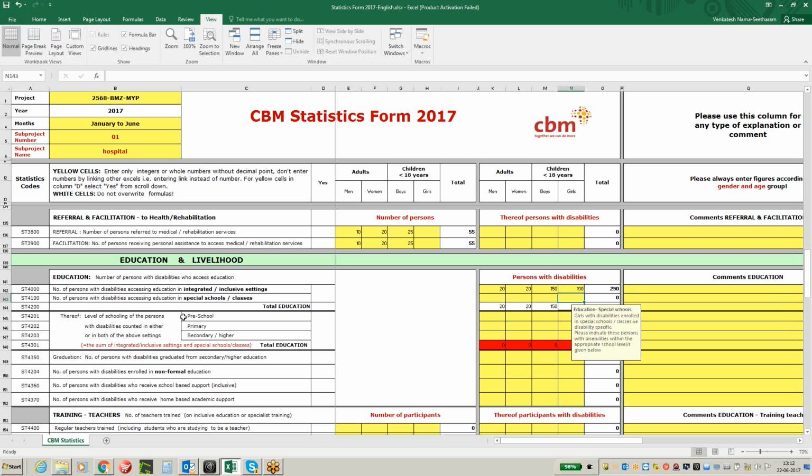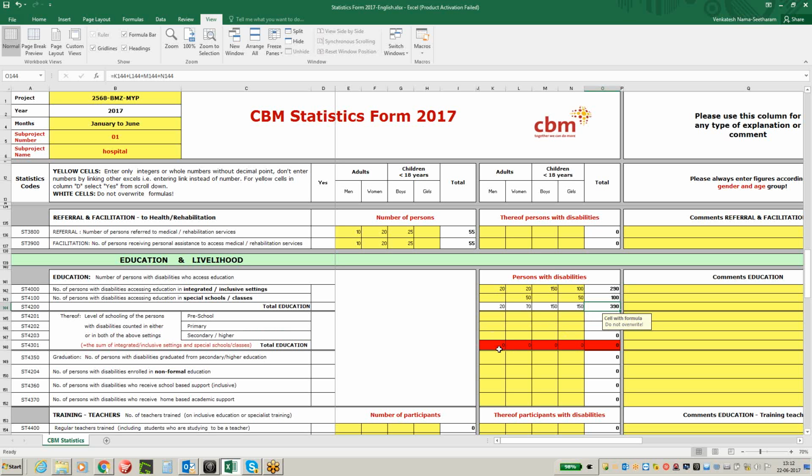And the next line would be number of persons with disabilities accessing special education, might be 50. I'm just kidding. Okay, so there are 390 people who are accessing integrated and special schools.